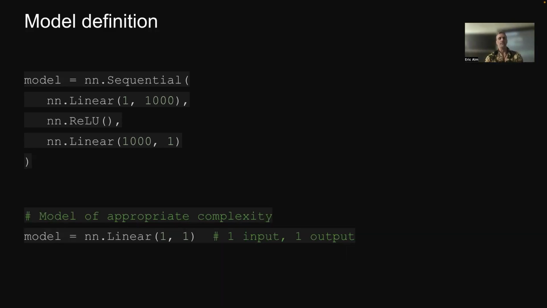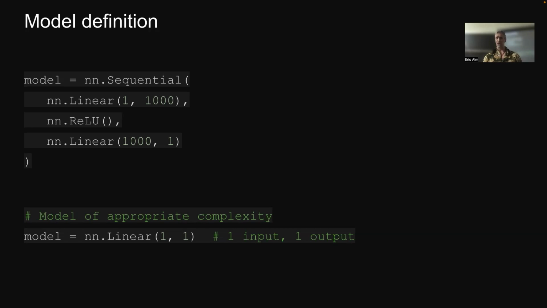Here's an example of what I just said. On top is the model that I'm going to use to train it. I've got my linear layers, my nonlinearity, and another linear layer that's taking those 1,000 inputs and adding them up according to some weighting function, and then outputting a number. So that's the model I'm going to train. And below is my model of appropriate complexity.